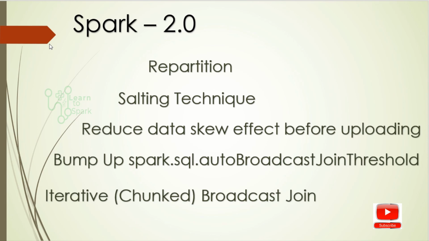But if there is only a single dominant partition ID, then repartition will not be so effective. The skewness will still be in place. So if there is a single dominant partition, repartition is not a good approach. But if there are multiple dominant partition IDs where there is skewness in data, then we can proceed further with repartitioning.